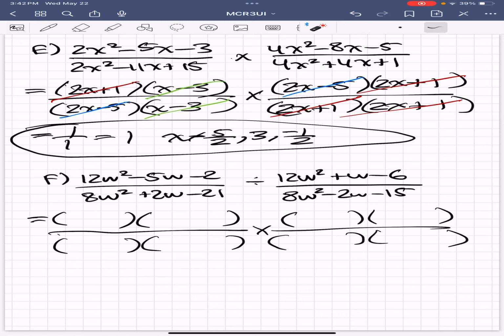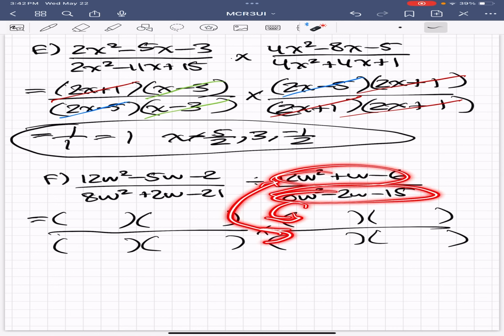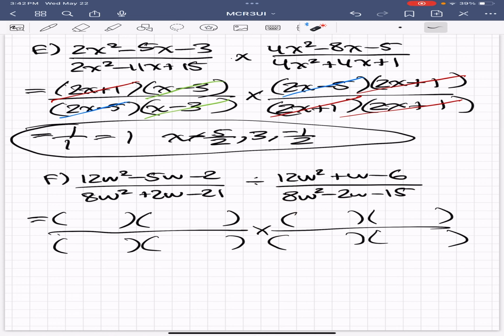Something I forgot to clarify, because we're flipping and multiplying, this will be on the top and this will be on the bottom. Okay?